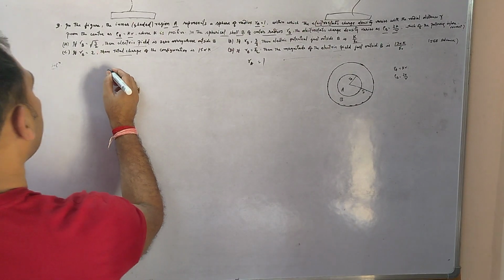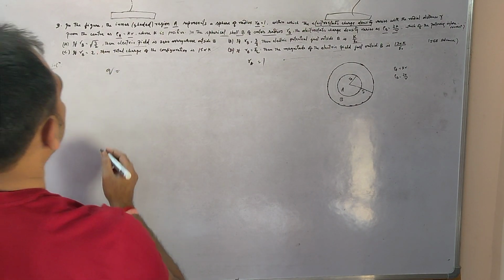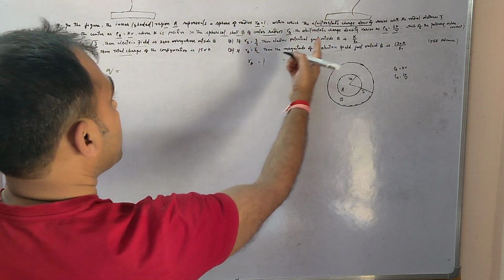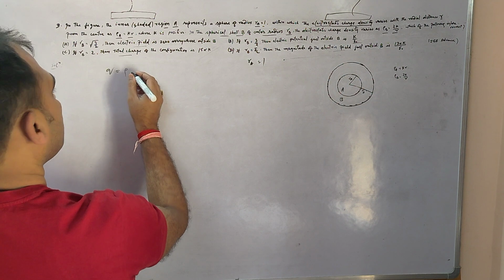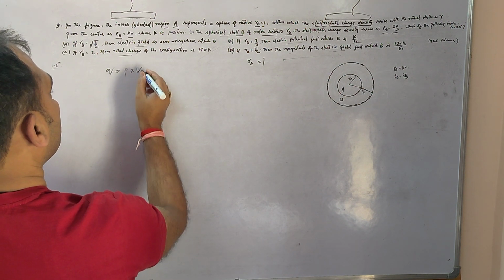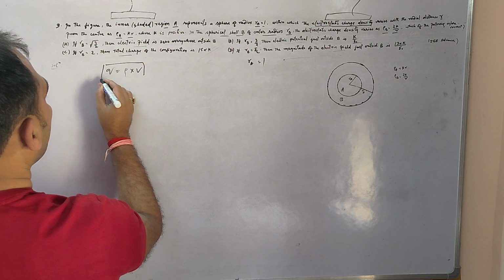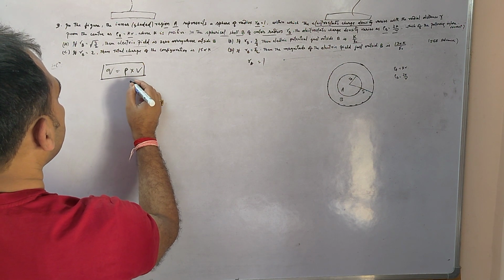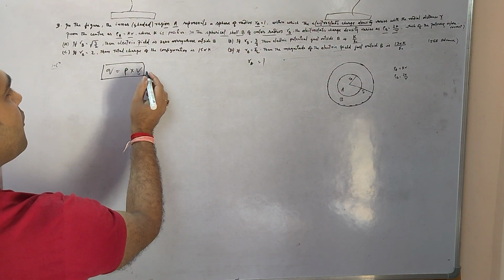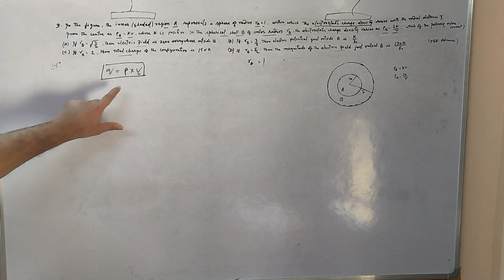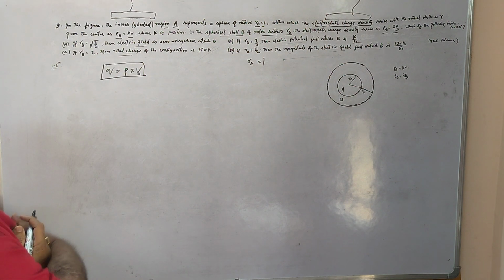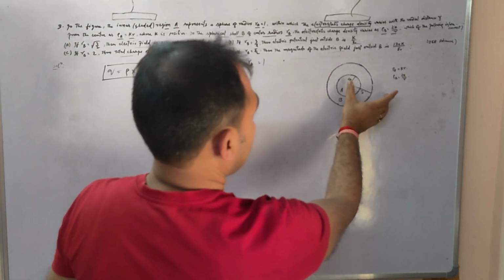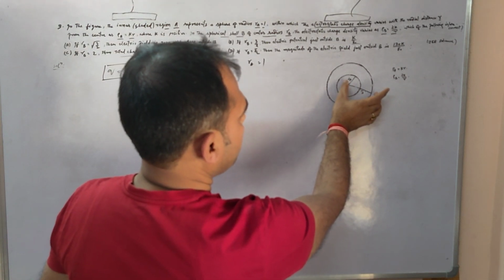So Q net, what does the formula say? Charge will be equal to electrostatic charge density rho into volume, where rho is constant for this volume V. Fine, but is the electrostatic charge density constant for this whole sphere?